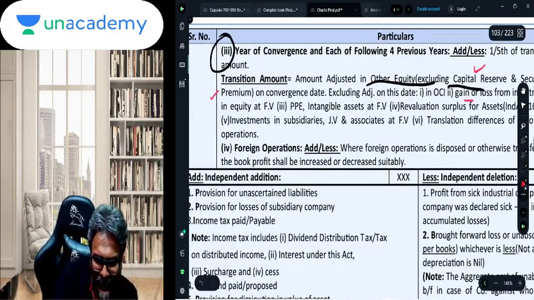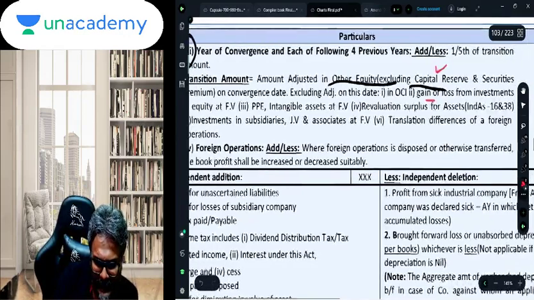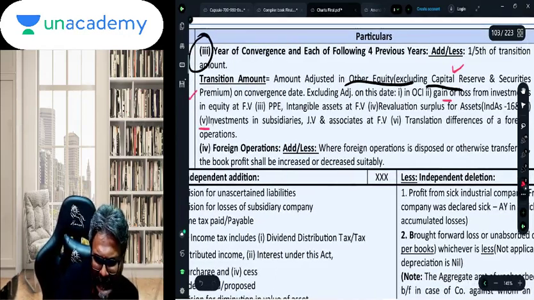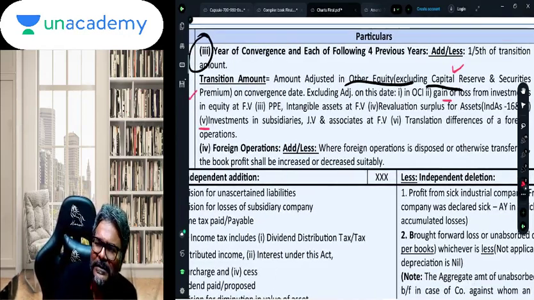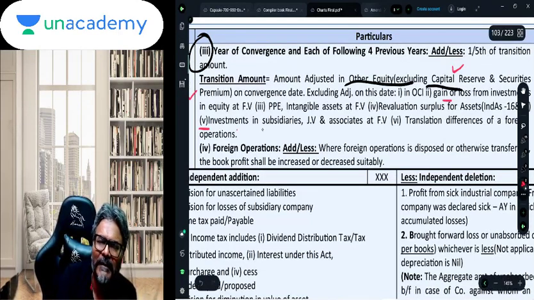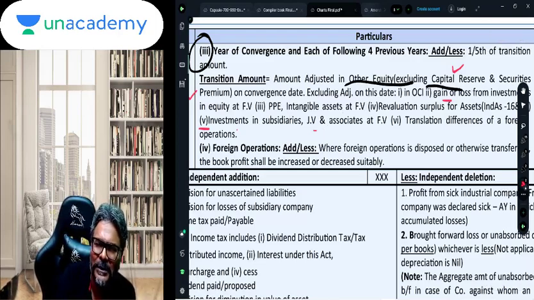The third one, students: also see the other exclusions in the transition amount. Any investment that you may have in a subsidiary or joint venture at the time of convergence, no notional gain or notional loss needs to be considered in determining the transition amount.